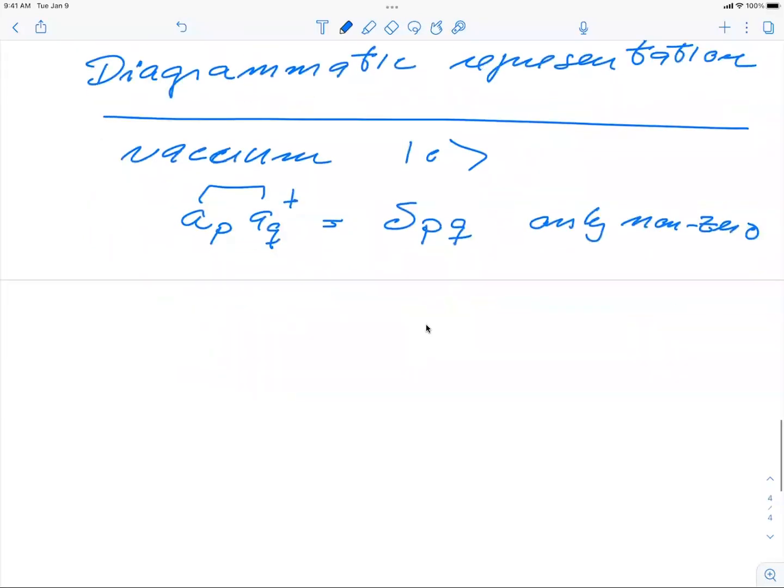What we had then was if we had two states, a state Q and a state P here, then the contraction is typically labeled like this. And then we transform that one into a line with an arrow.